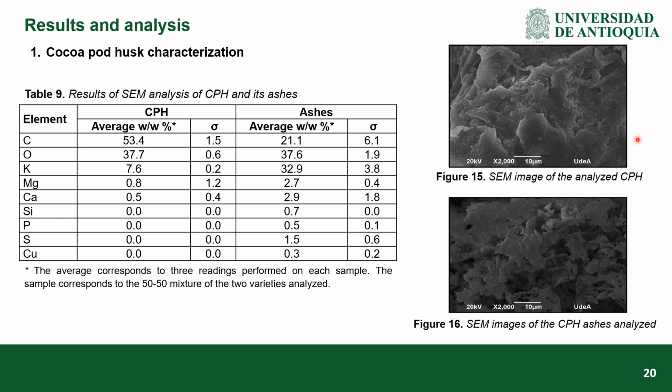Figure 15 corresponds to the CPH, where we can see a rigid and fibrous structure, which is characteristic of lignocellulose components. In figure 16, we can see the CPH ash images, which show a heterogeneous surface with some non-uniform porosity.